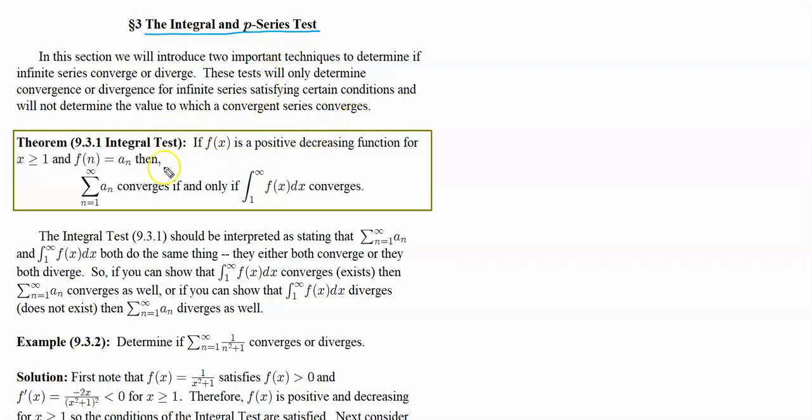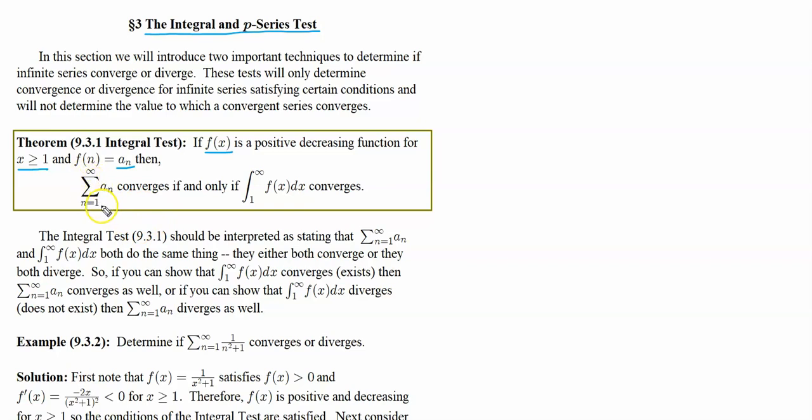So first of all, let's consider the integral test. It makes this statement: if you have a function f of x, which is a positive decreasing function for x greater than or equal to 1, and f of n, f evaluated at integer values, equals an, which is your sequence that you're going to be considering, then we have the following result.